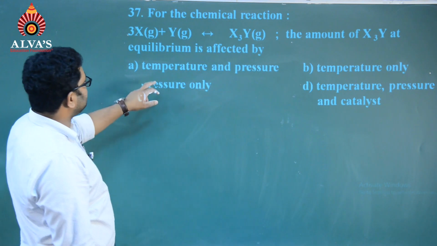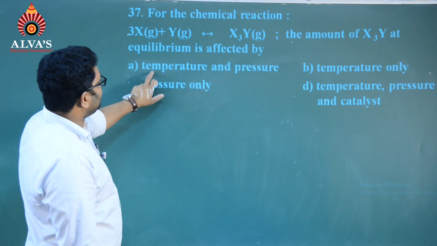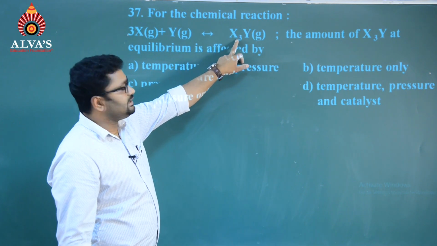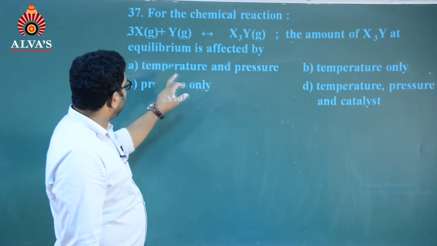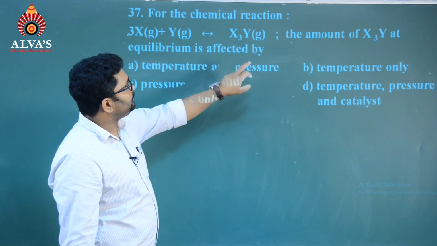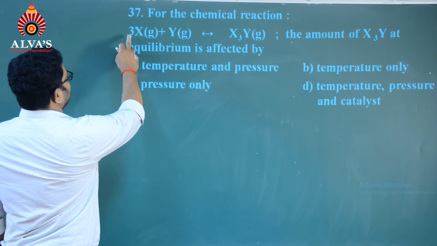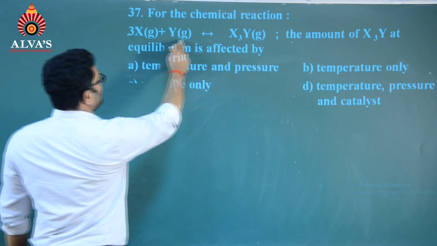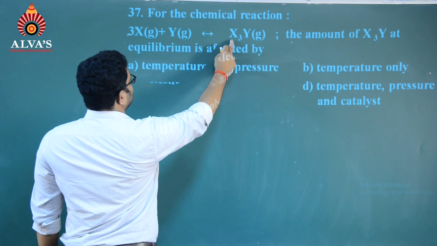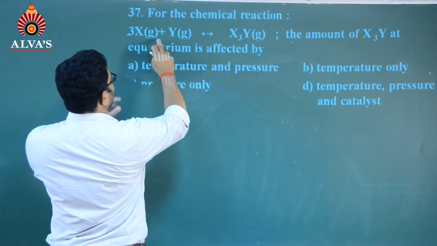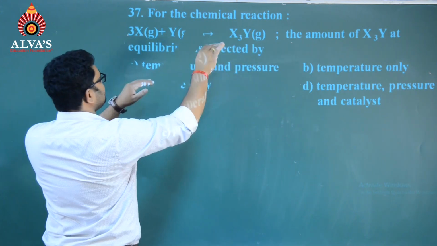Now, students, if you alter the temperature, the concentration of X3Y, that is the product, will get altered. In addition to temperature, pressure also plays a role. That means the reactant has 4 moles of gas and the product has 1 mole of gas. If you increase the pressure, the equilibrium shifts in the forward direction to decrease the pressure.